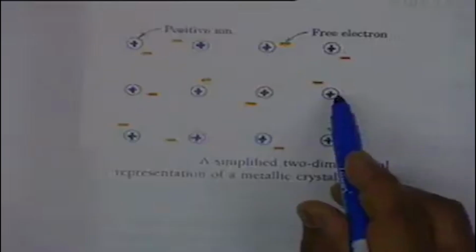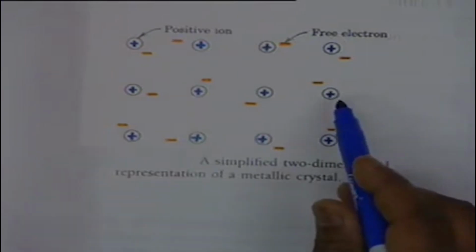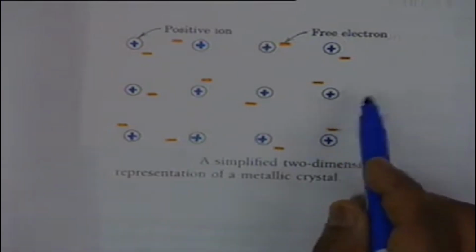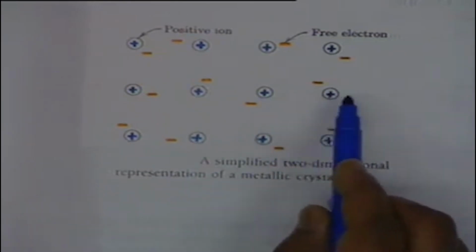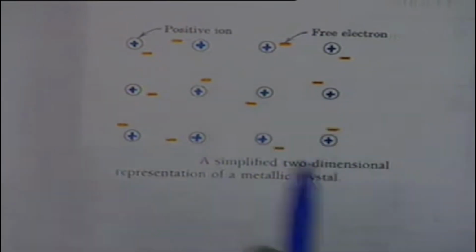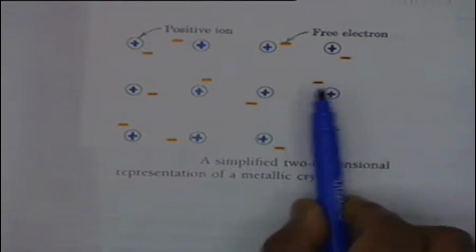So these atoms or these ions gain kinetic energy due to an elevated temperature, and they vibrate around their neutral positions. This kinetic energy therefore demonstrates itself in the form of vibrational energy.